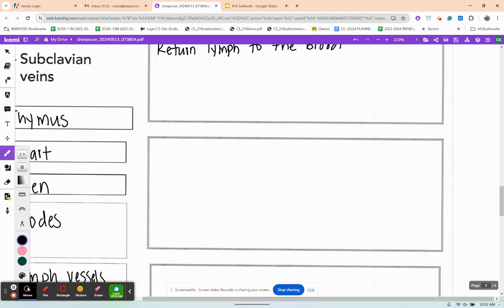Number two, role in immunity. So just like capillaries, we have hundreds of small lymph nodes. They are scattered along lymph vessels throughout the body. So the lymph nodes pretty much act as a filter.